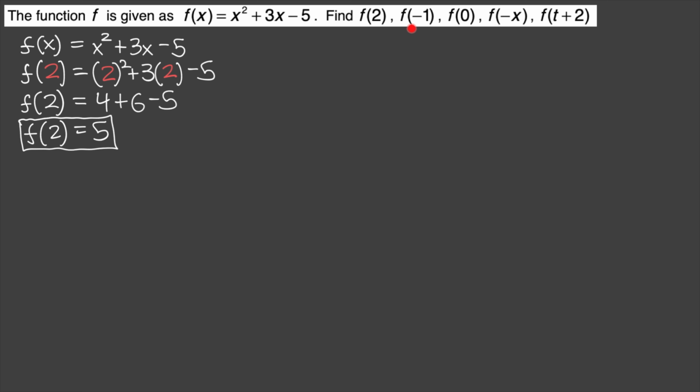Next, let's find f of negative 1. So we'll bring down a new function. Now we're going to plug in negative 1. So f of, and then we're going to plug it in red here so you can see that we are plugging in negative 1 for x.